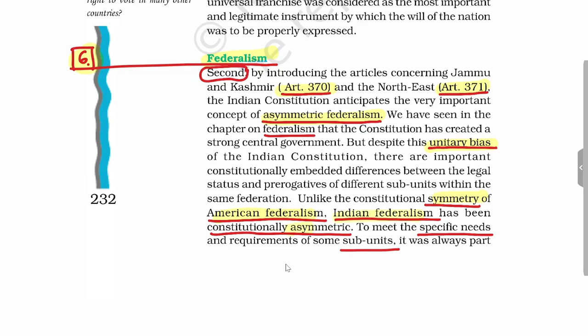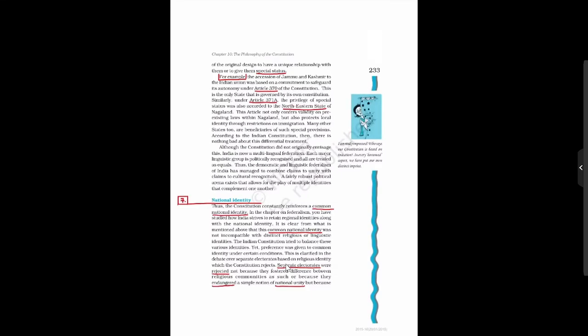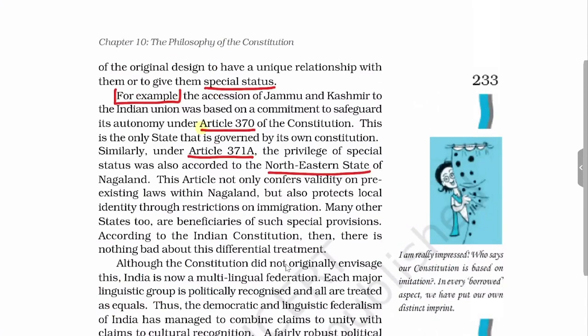The reason for asymmetrical federalism is that some units of the federation have specific needs. In order to fulfill these specific needs, special privileges have been granted to those units. For example, Article 370 provided privileges to the state of Jammu and Kashmir. Then Article 371 provides special privileges to the Northeast states.